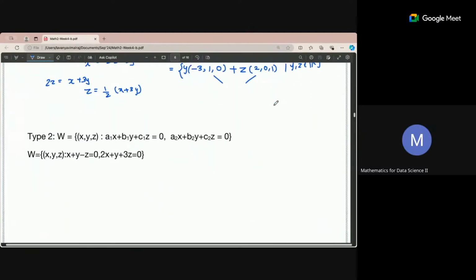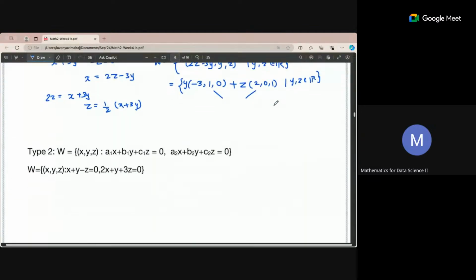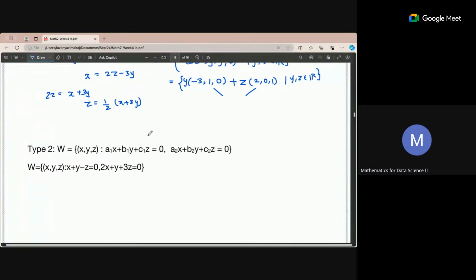All right. There is another type of subspace which you can see in R3. W is the set of all x, y, z in R3 where you are given more than one equation. In this case the solution depends on the solutions of this system of equations.